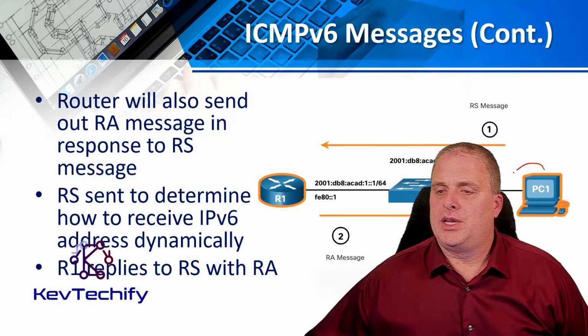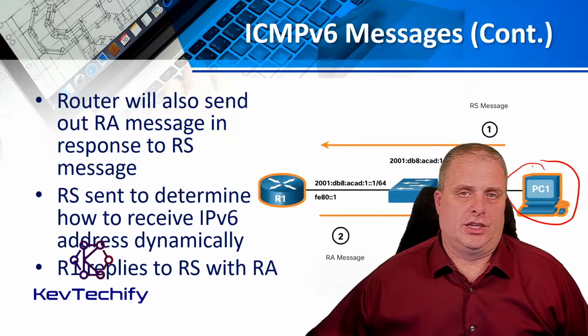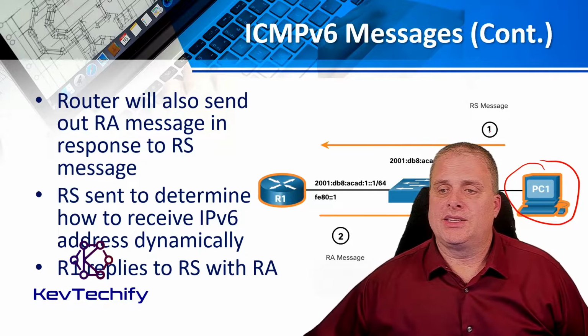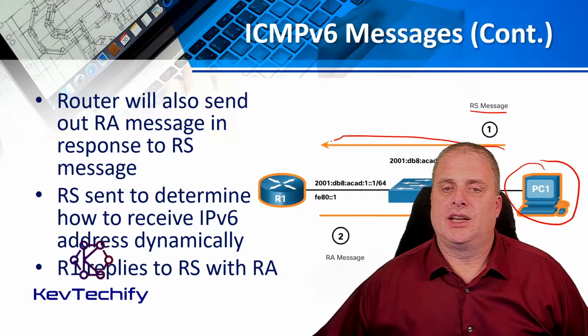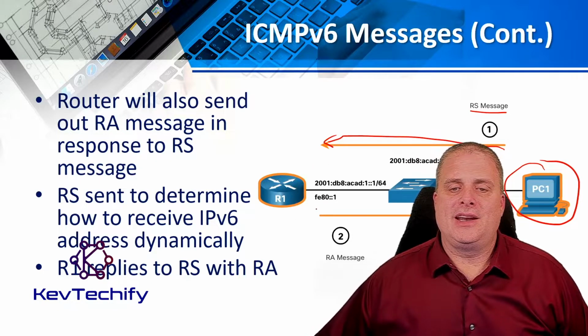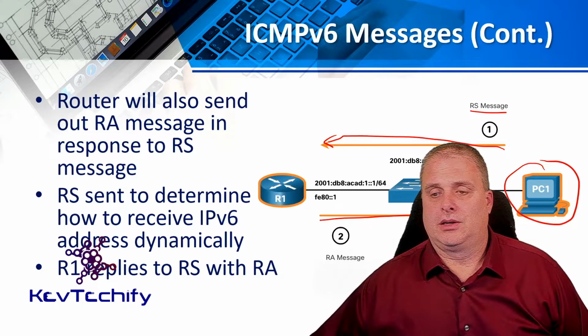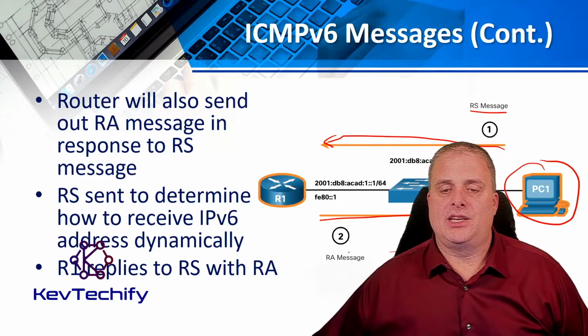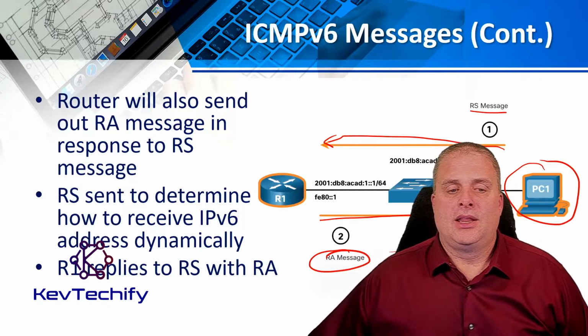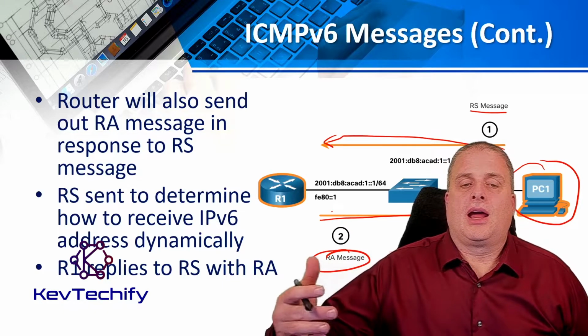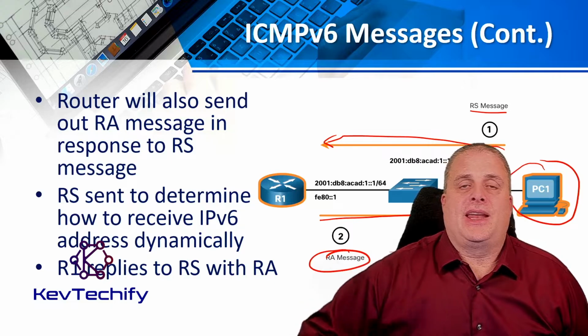PC1 just booted up, and so it sends out a router solicitation message onto the network. The router hears that and says, okay, here is the information that I'm going to send to you in this router advertisement that will allow you to get your IP version 6 address dynamically.